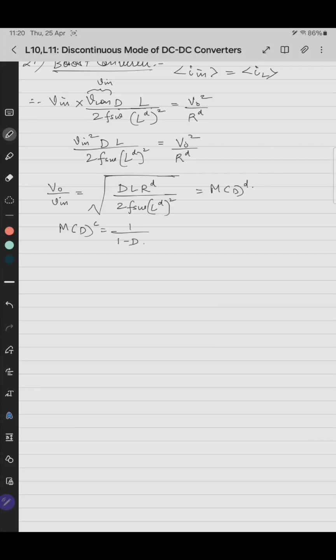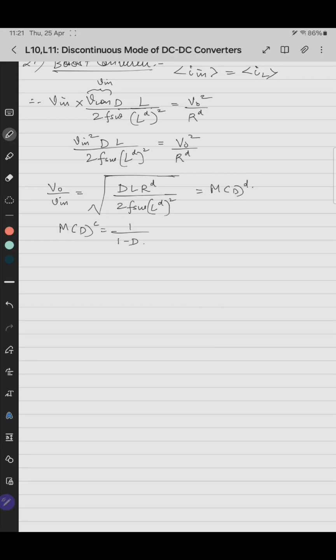So assuming that we already have sufficient load on the boost converter, the expression for R minimum and the expression for L critical were almost the same. The same principle was used for deriving both. That is, L equals L critical means the inductor current waveform, the IL minimum is 0, which almost touches the 0 axis, so it does not go into discontinuous conduction mode.